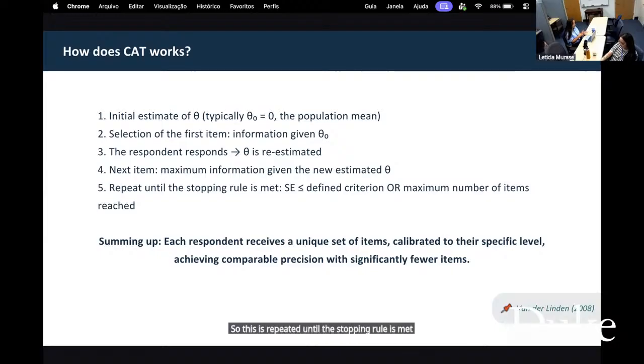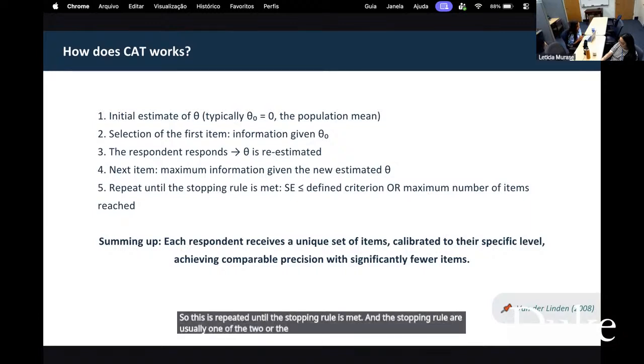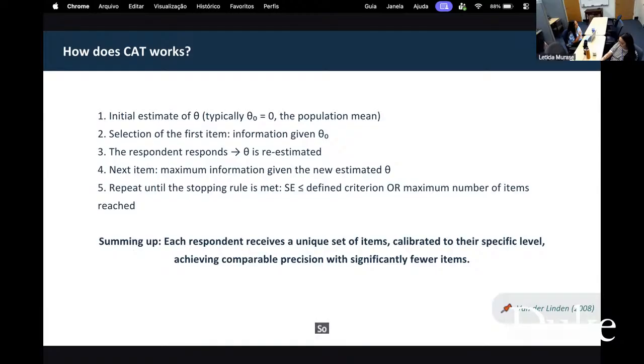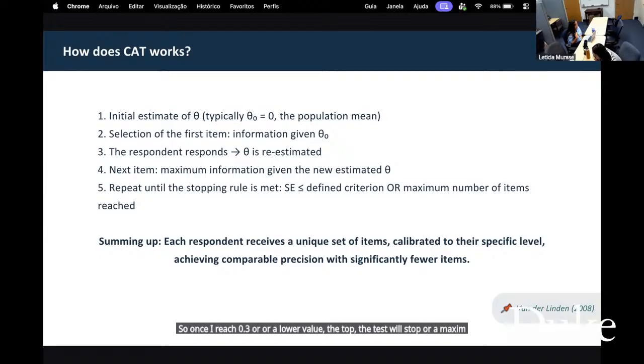The stopping rules are usually one of two, or both. One is a defined criterion of a standard error. So I want the standard error to be less than 0.3, for example. Once I reach 0.3 or a lower value, the test will stop. The other is a maximum number of items being reached.